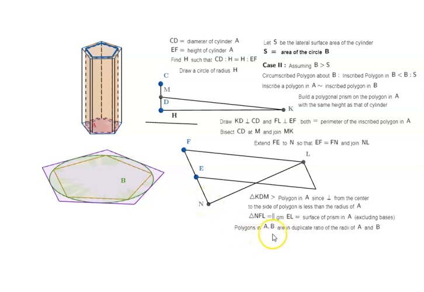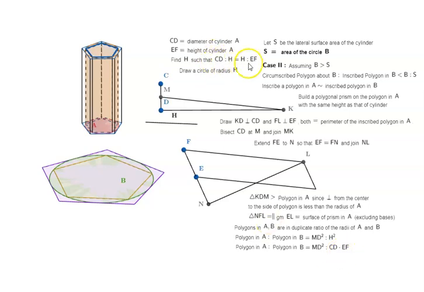Now polygons in A and B are in duplicate ratio of the radii of A and B. So polygon in A is to polygon in B is equal to MD square is to H square, where MD is the radius of the base of the cylinder, or in other words, of the polygon in A, and H is the radius of the polygon in B. So polygon in A is to polygon in B equal to MD square is to CD times EF.